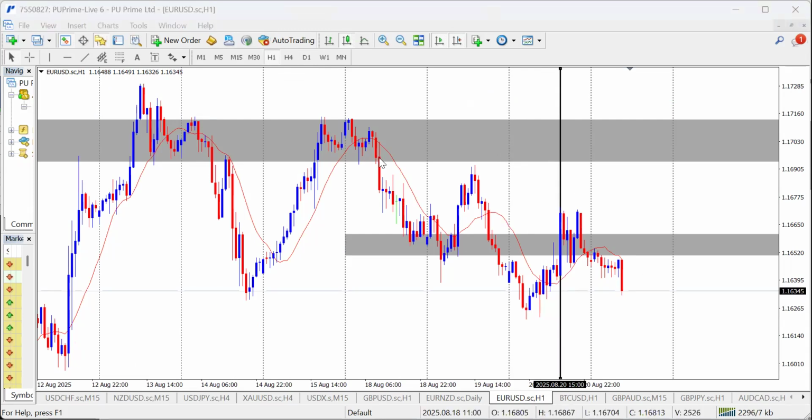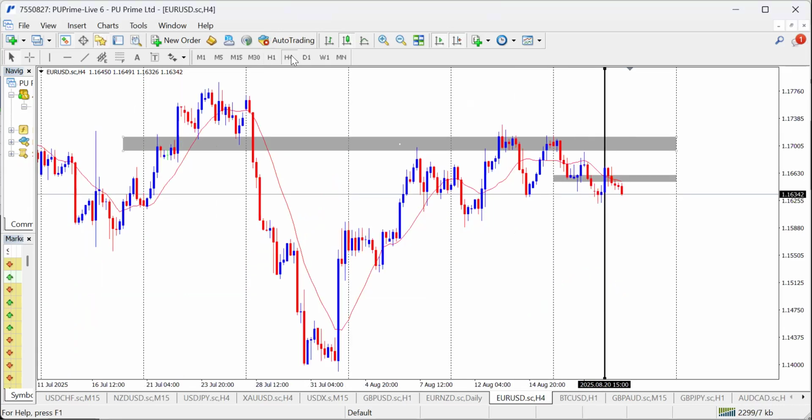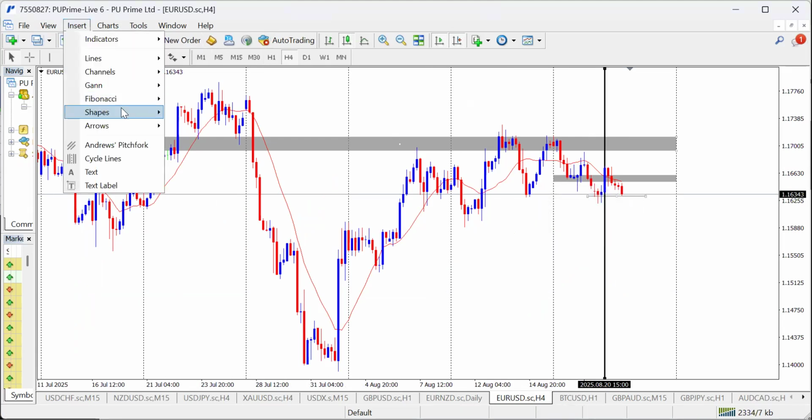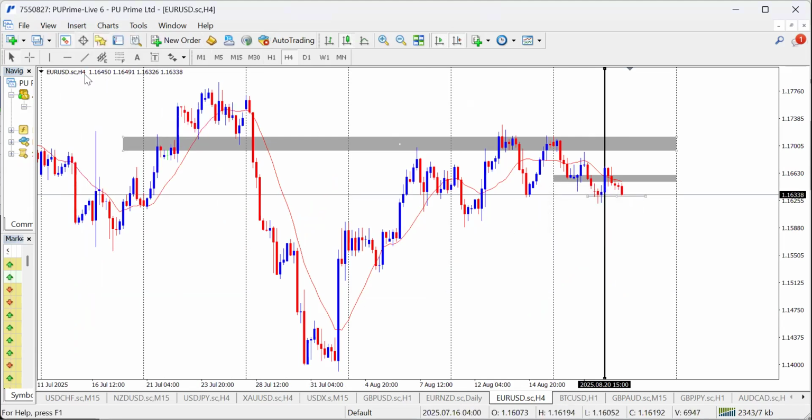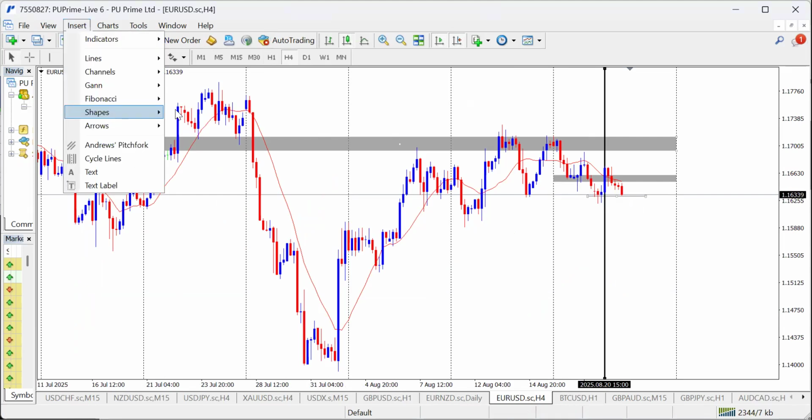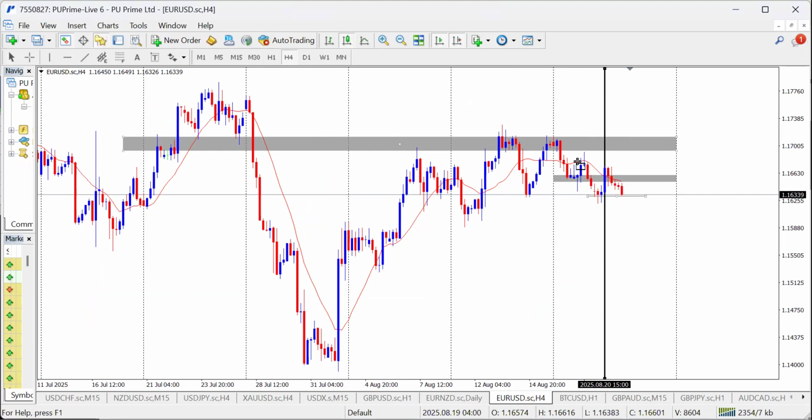We've not had a proper break of structure for EUR/USD, and where the structure will break for me is this support level here. If this support level is broken, then we have much more continuation for sellers, as this is a strong resistance zone. This is a strong resistance level that the market rejected yesterday, and EUR/USD started plummeting.